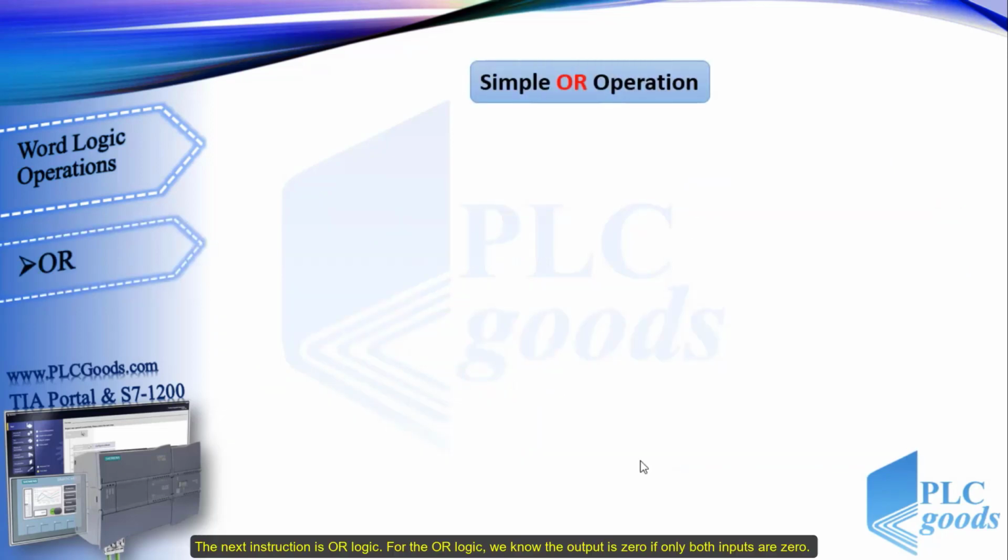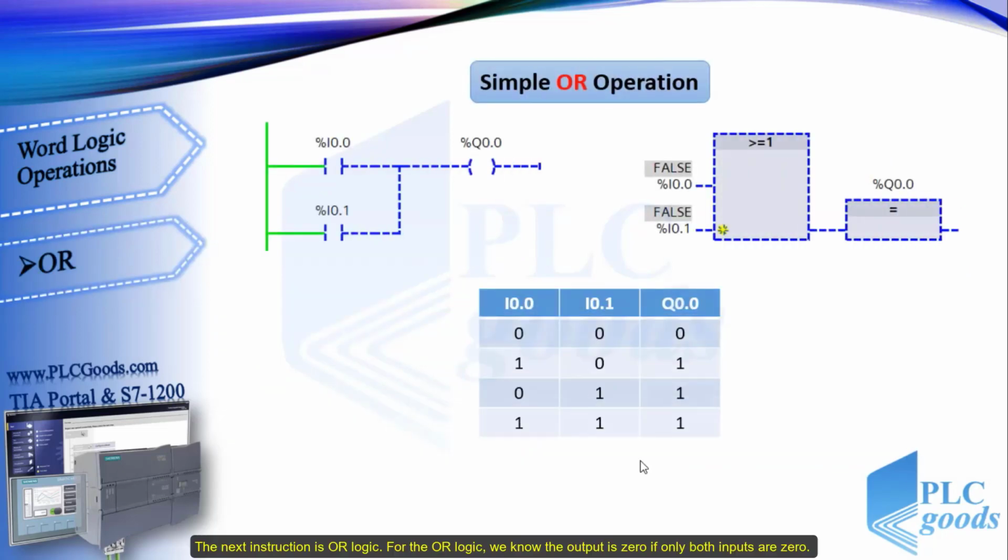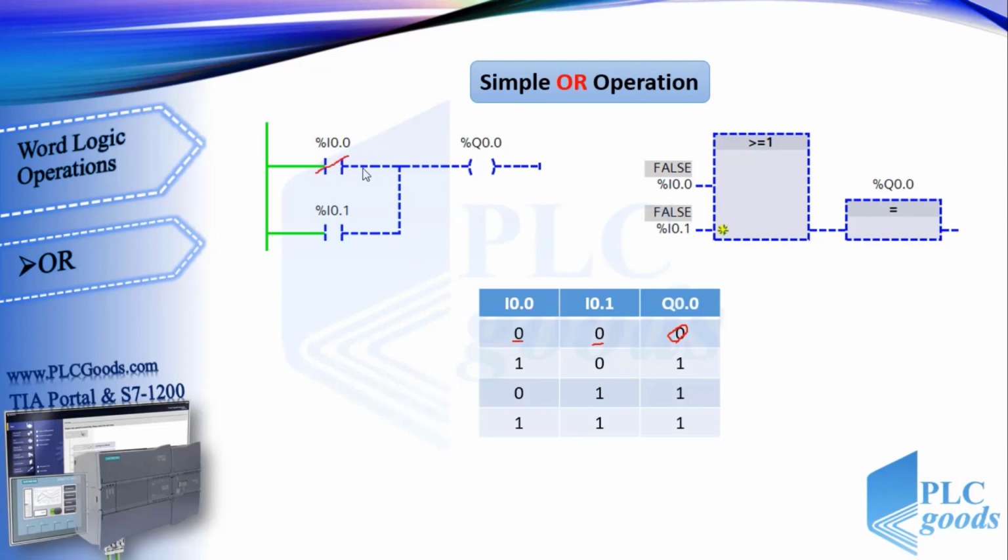The next instruction is OR logic. For the OR logic, we know the output is 0 only if both inputs are 0. In other words, the output is true if any of the inputs is true.